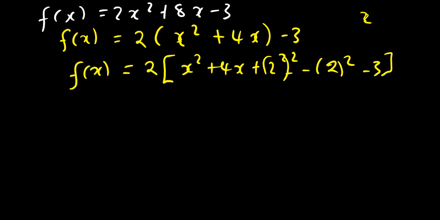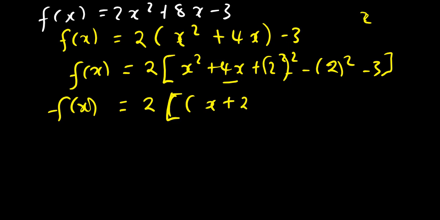Then when we put those ones with the square, we have 2 times (x + 2)² minus 4 minus 3.